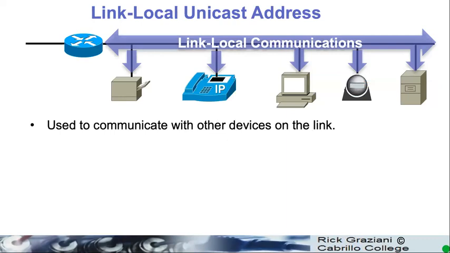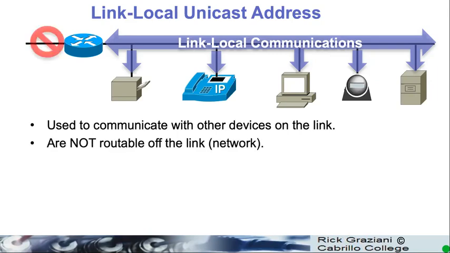So link local addresses, very cool part of IPv6. First of all, they're used only to communicate with other devices on the link. Routers will not forward packets with a destination address that is a link local address.